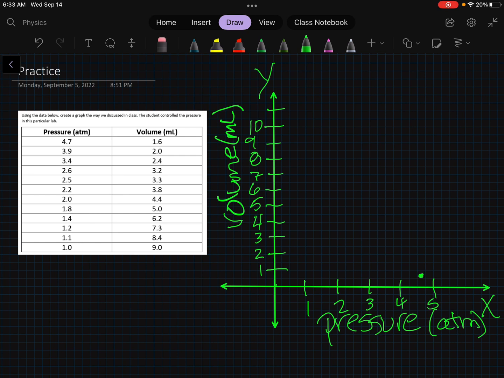4.7 and 1.6. And then 3.9, 2.0. And then 3.4, 2.4. And then 2.6 and 3.2. And then 2.5, 3.3.